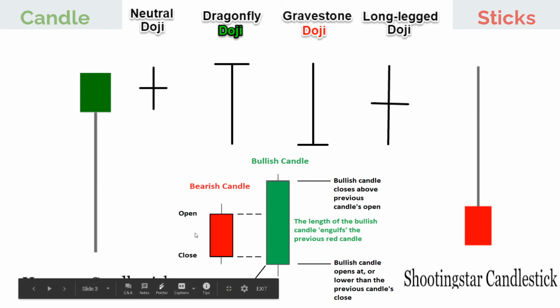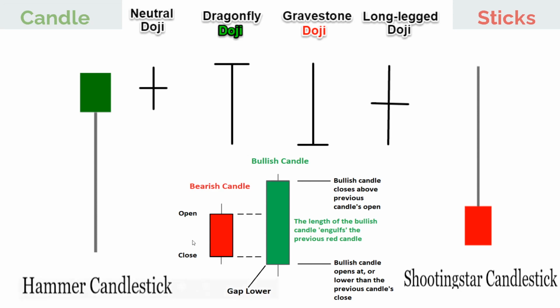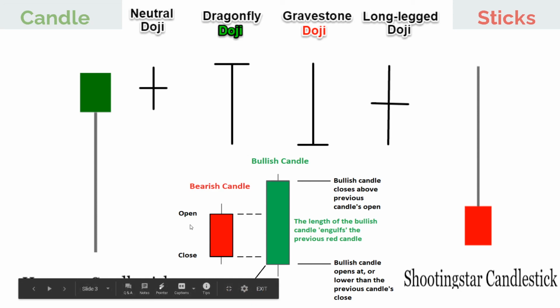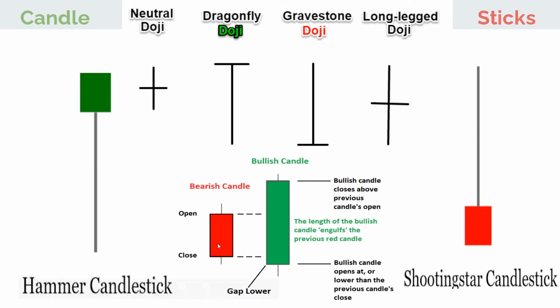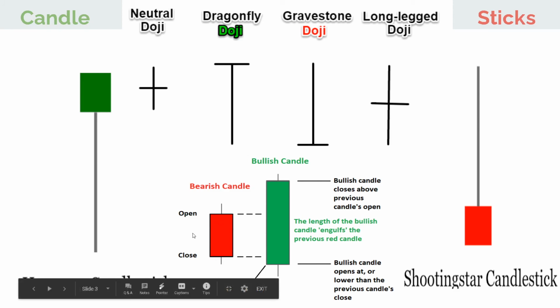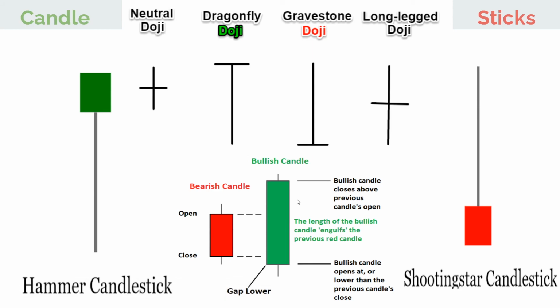So imagine for this bearish candle, you had a smaller candle right here that was bullish, but in this bearish candle, you opened higher than that and closed way lower than that previous candle. And then the bullish engulfing candle is pretty much the opposite. The bullish candle closes above the previous candle's open, and the bullish candle opens at or lower than the previous candle's close.